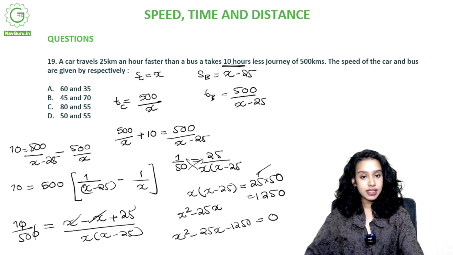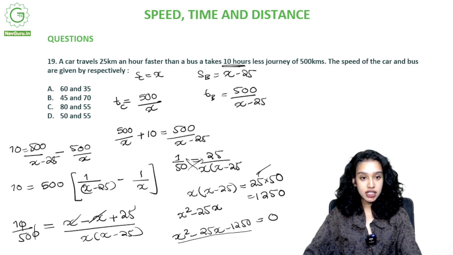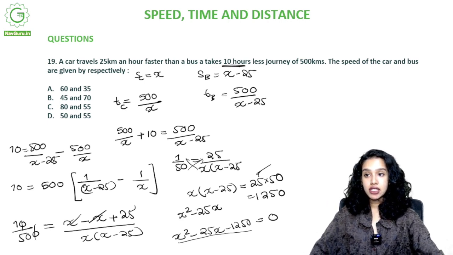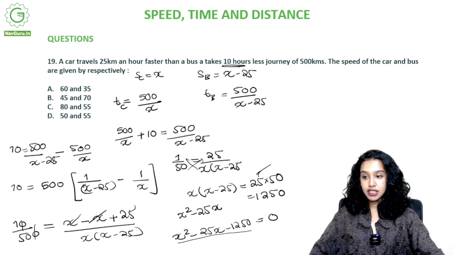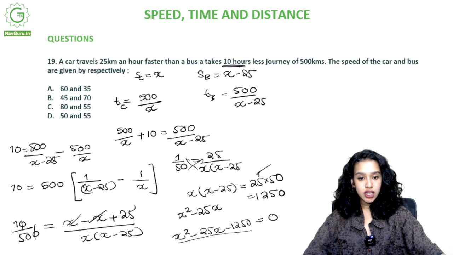Now, how do we find the values of x? We get a quadratic equation here, so we find the result of the quadratic equation: x square minus 25x minus 1250 is equal to 0.